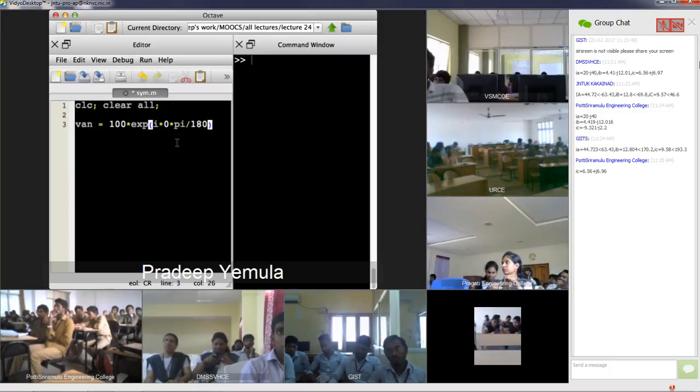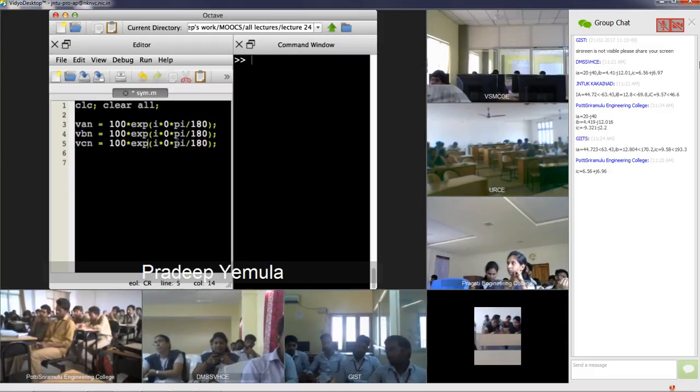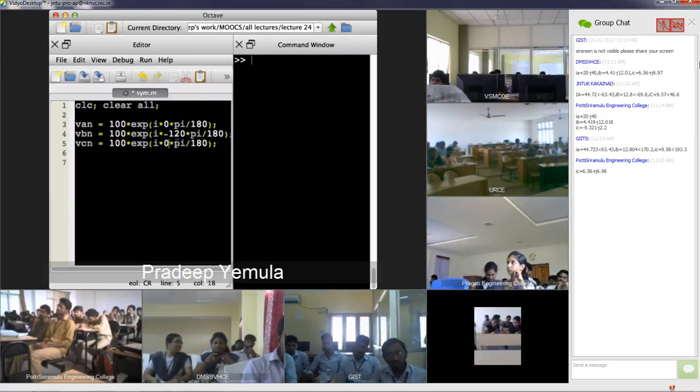So this is the procedure for defining the A phase voltage. Similarly, let me do B phase voltage, VBN, VCN, and then here angle will be minus 120 degrees, and here it will be minus 240 degrees.